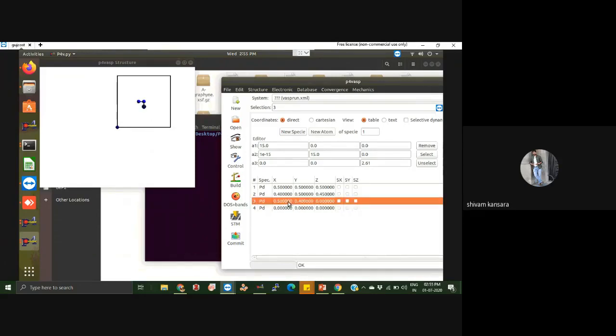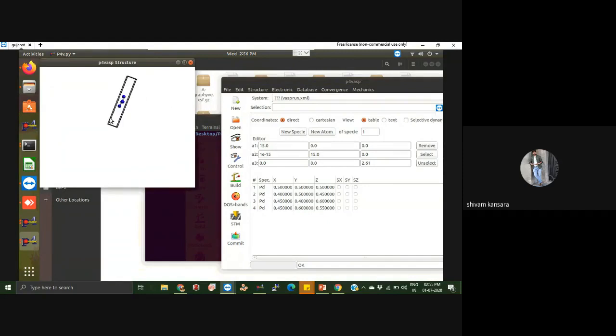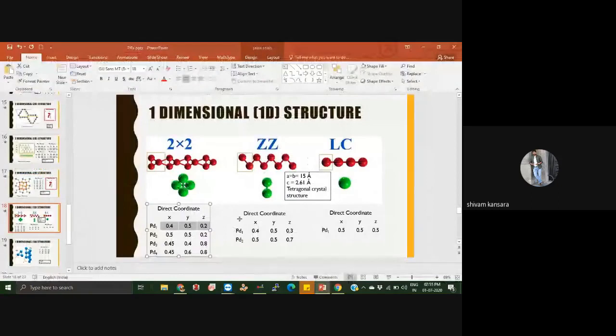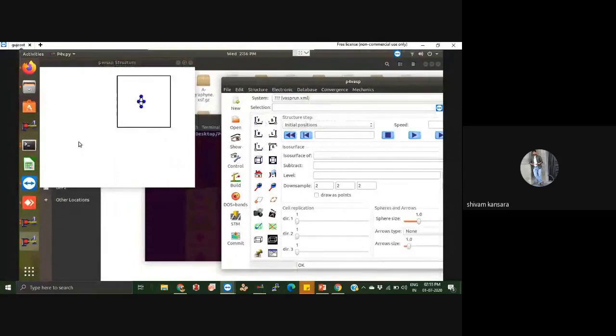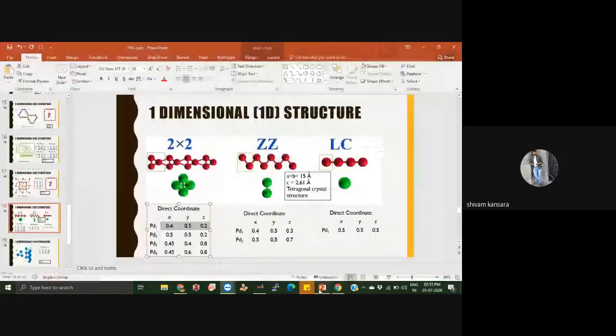Take it 0.45, and take it 0.6, or 0.55, or 0.7 or 0.65. This is 2 cross 2, which I have seen here. The front view is like what I have seen in this PPT.